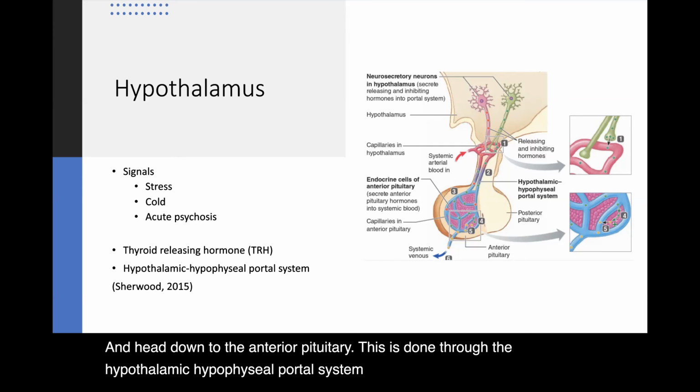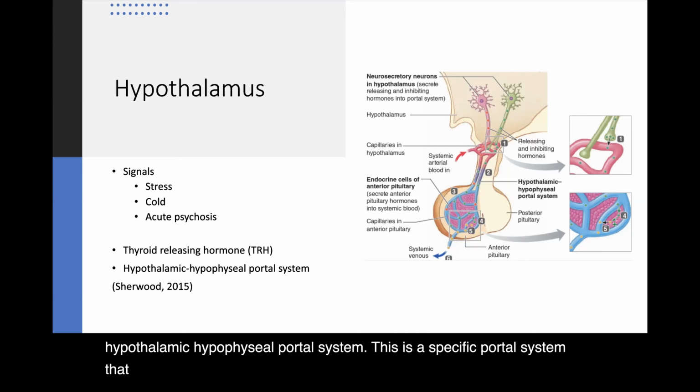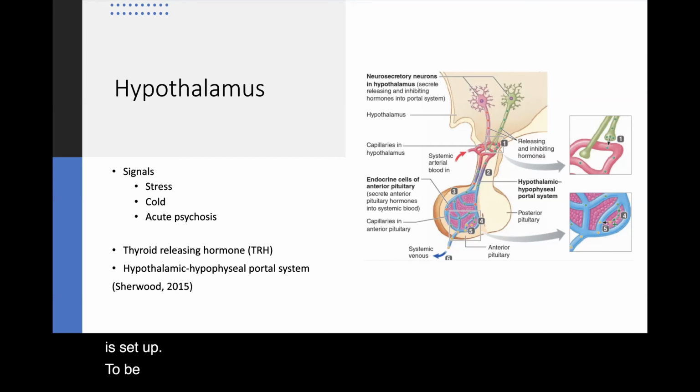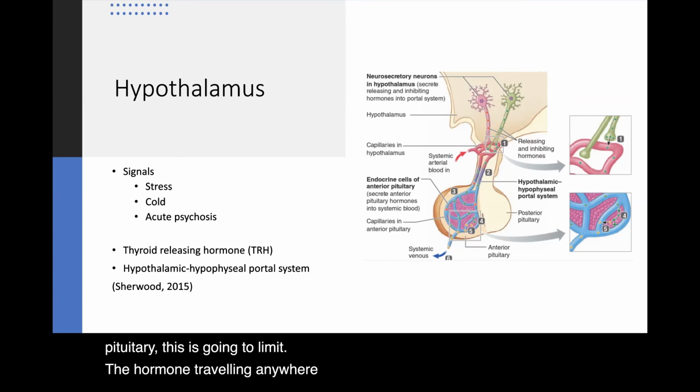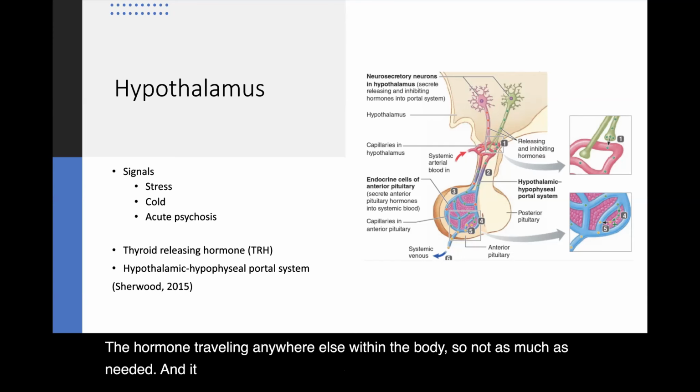This is a specific portal system that is set up to be able to deliver this TRH directly from the hypothalamus to the anterior pituitary. This is going to limit the hormone traveling anywhere else within the body. So not as much is needed, and it happens very quickly to give a fast response time.